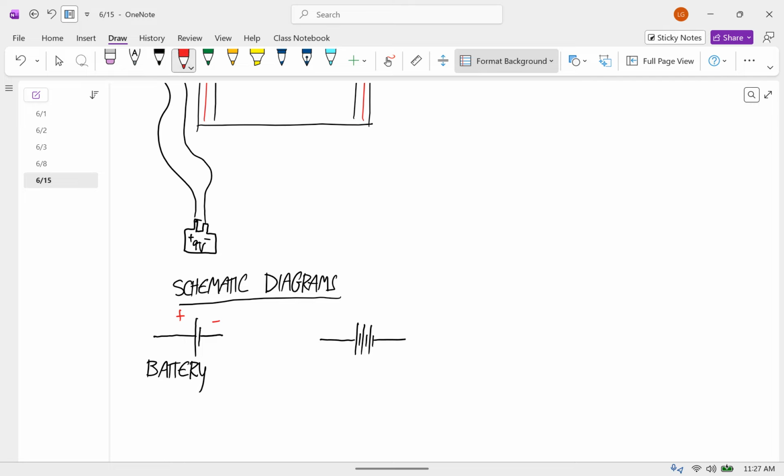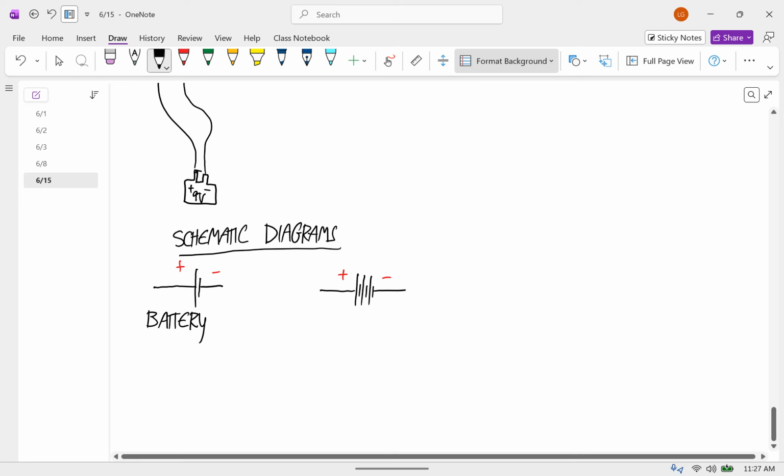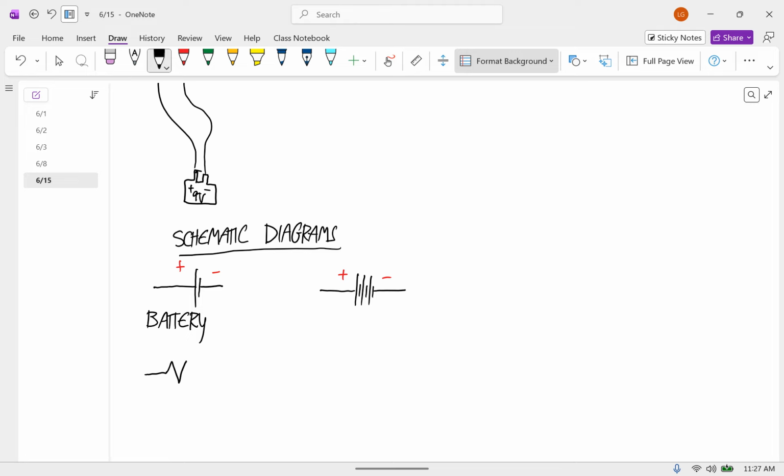I'm just going to use the 2, and again, the side with the long line is the positive, and the side with the short line is the negative. And then for a resistor, you use 3 jagged peaks like that.